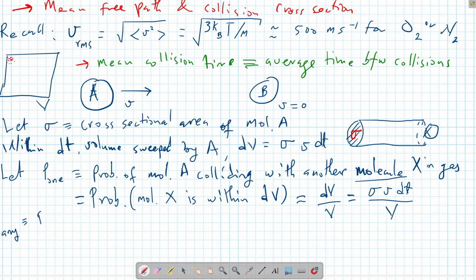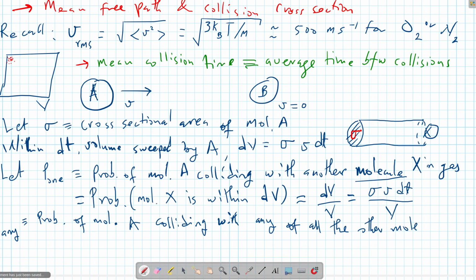Okay, P any is the probability of molecule A colliding with any, so you should underline the word any, of all the other molecules. All the other molecules in the container.